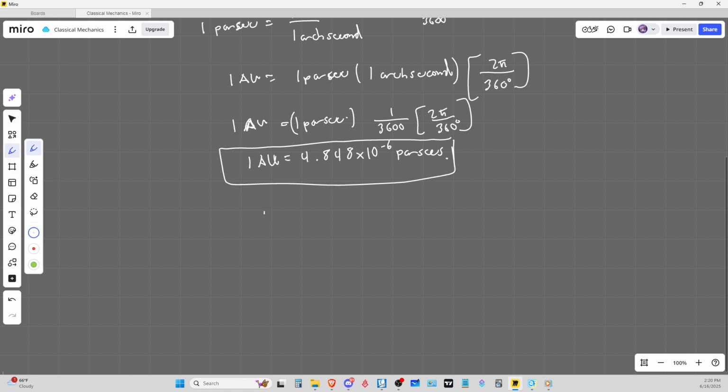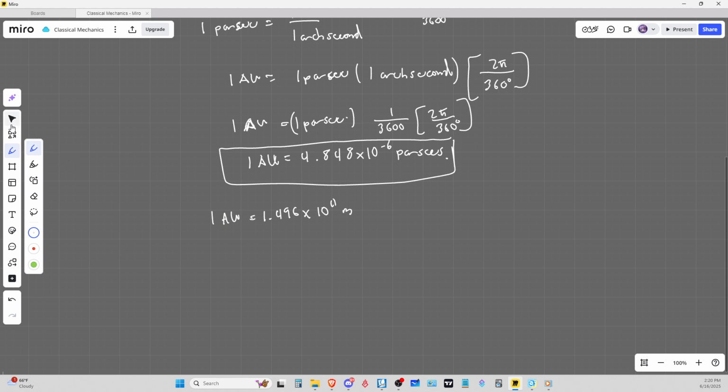So maybe, because that's how many parsecs there are in an astronomical unit. Meters is equal to 1 AU. If that's how many parsecs there are in an AU, that means it's probably going to be a lot fewer parsecs in meters.